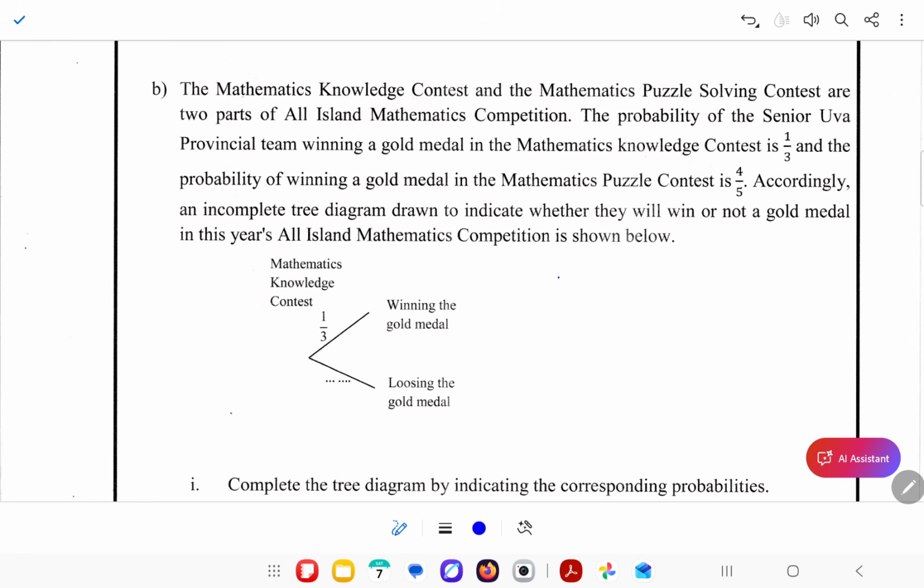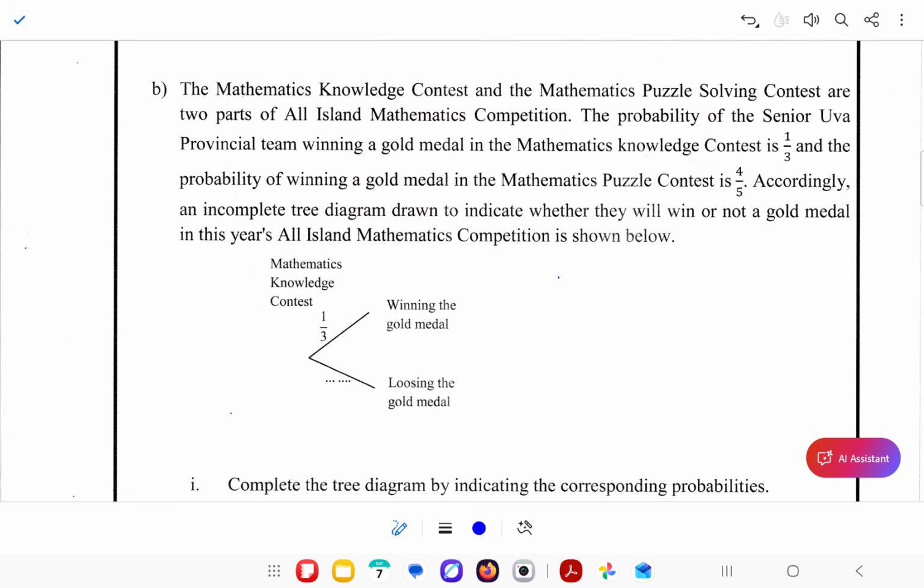The mathematics knowledge contest and the mathematics puzzle solving contest are two parts of all island mathematics competition. The probability of senior over provincial team winning gold medal in mathematics knowledge contest is 1/3, and the probability of winning a gold medal in the mathematics puzzle contest is 4/5.